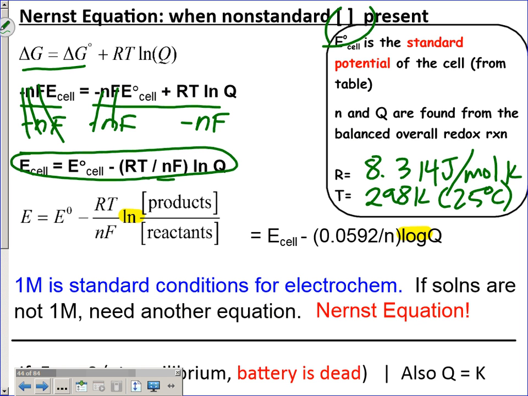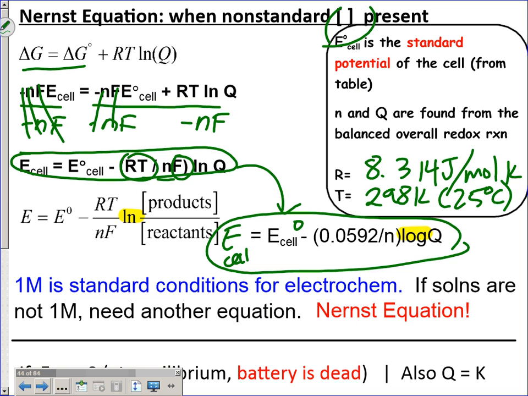So when you lump RT and F, you can simplify down to this. E cell is equal to E naught cell minus 0.0592 divided by n log of Q. And this is the one that I memorize, because it lumps all the constants together as one number.